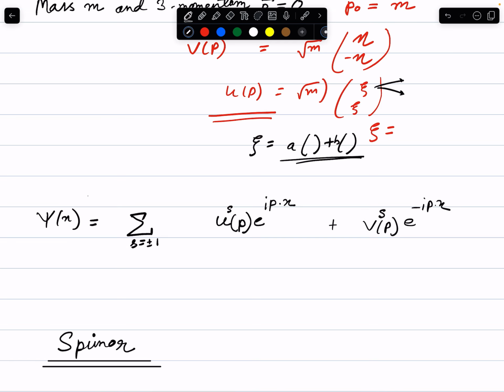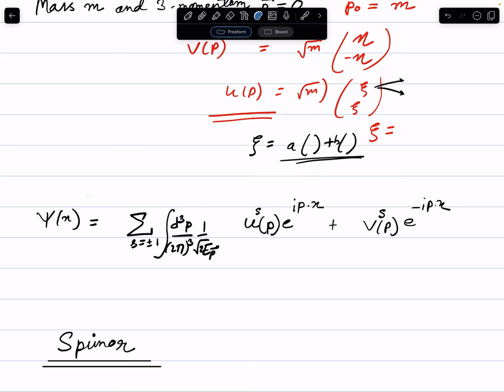And then, of course, I have integral over all possible momenta, just like before. Square root of 1 over 2E_p, everything as before. And finally, I can multiply some arbitrary coefficient to these quantities. So by convention, I write something like d_sp.